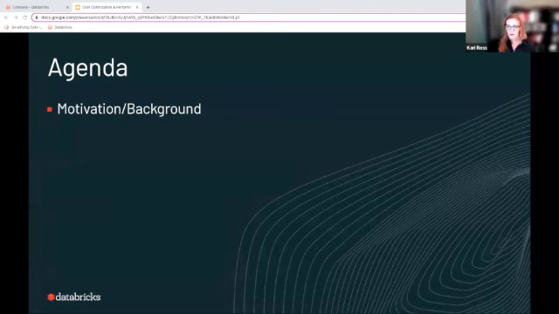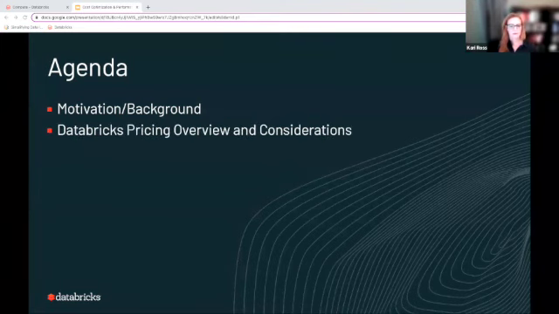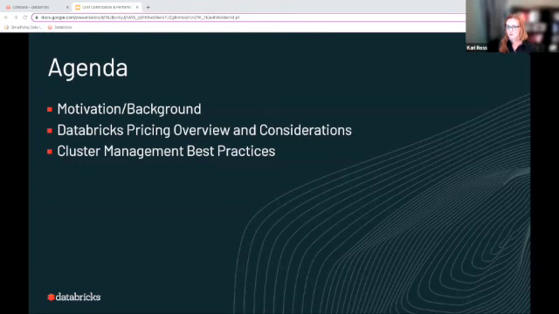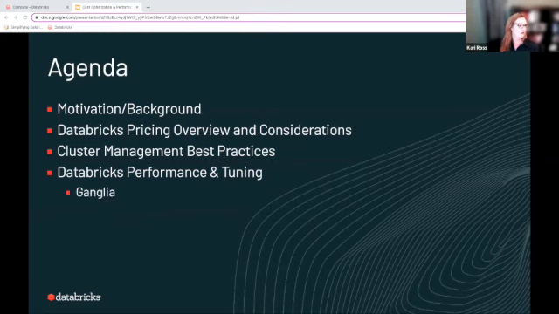And then we'll walk through the pricing model and considerations, and some cluster management best practices on what type of instances are appropriate for workloads and how we can identify the correct number of instances. Then we'll talk a little bit about performance and tuning, mostly by looking at the Ganglia metrics that are integrated in the platform, and then some quick tips and tricks at the end.